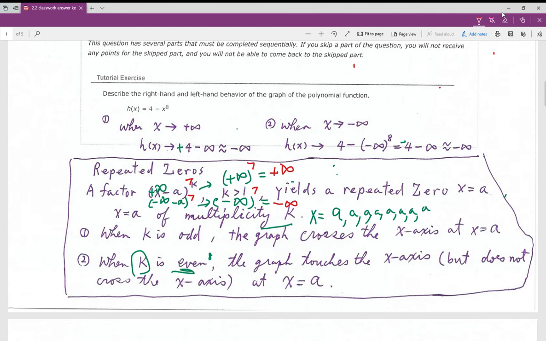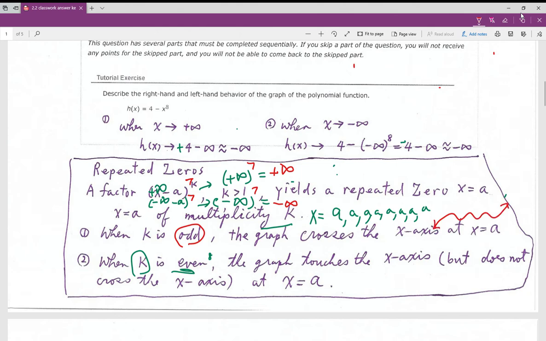Okay. So number 1, when you have an odd graph, when x is very small, y is very small, and you may go up, down, and in the end you go up. Okay, let me draw the graph. So you may have this one in the end.